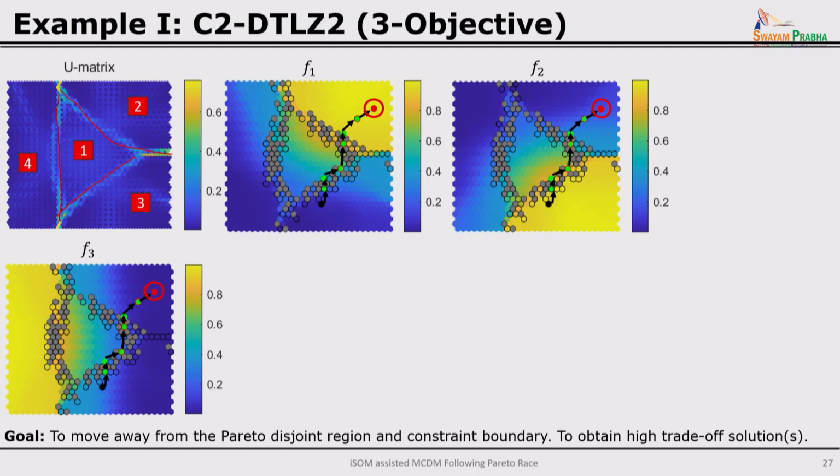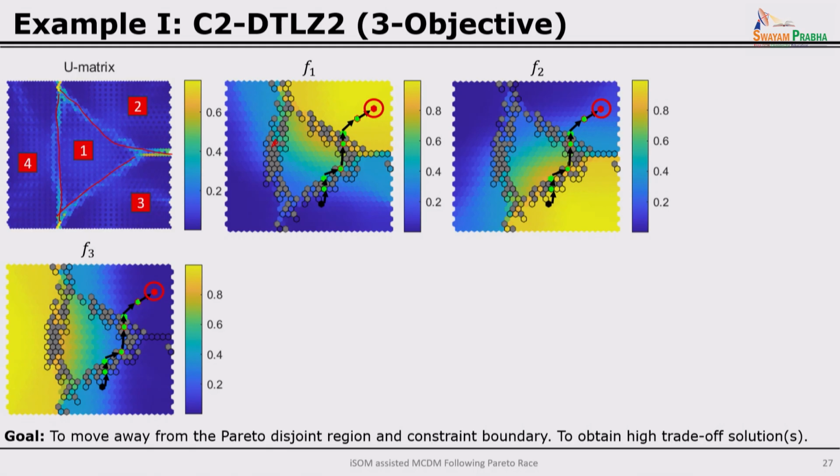All the hexagons with a black color boundary are an indicator that there is a gap in the Pareto front. Now the gray color cells you are seeing here in all the plots say that the corresponding solutions are very close to the constraint boundary. And of course you can see the interaction between f1, f2, f3.